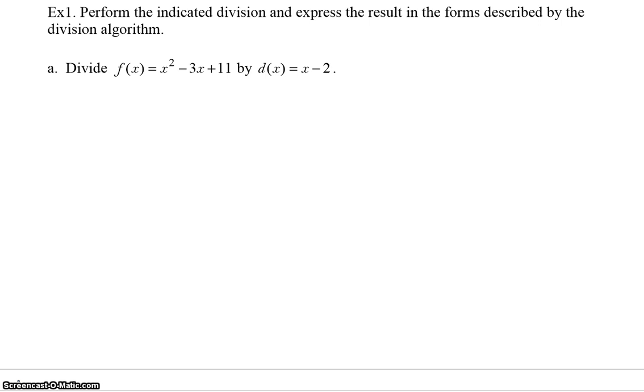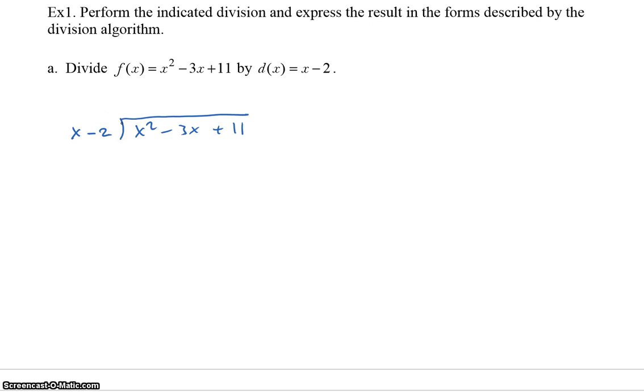And the way we'll set this up is we'll put x squared minus 3x plus 11 here, then a division bar and the divisor here, just like you would with whole numbers.